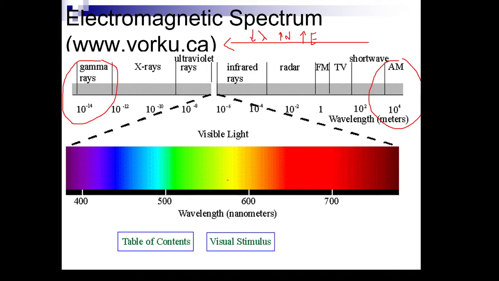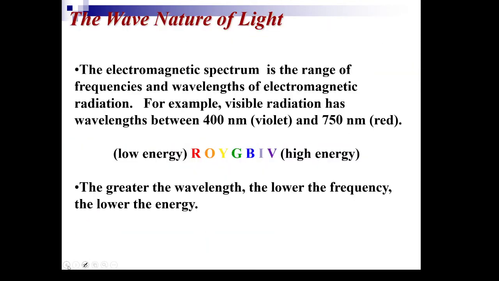Look at our visible light. This is the wavelength in nanometers, 400 nanometers to 700 nanometers. Violet is going to be high energy.